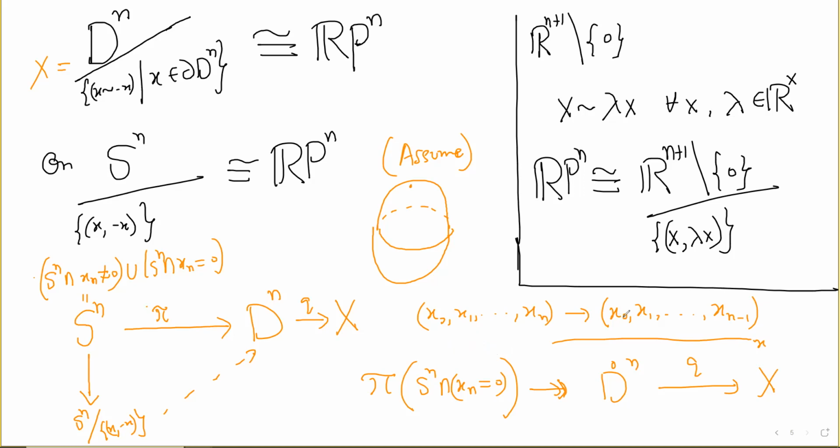So those two pre-images are getting identified in this, and so those points are taken care of. So it's injective on that. So this map Q restricted to this part is injective, right? So in that part it is injective.